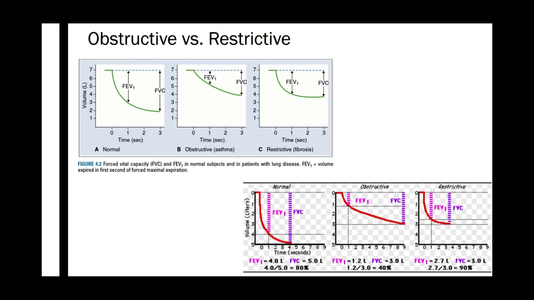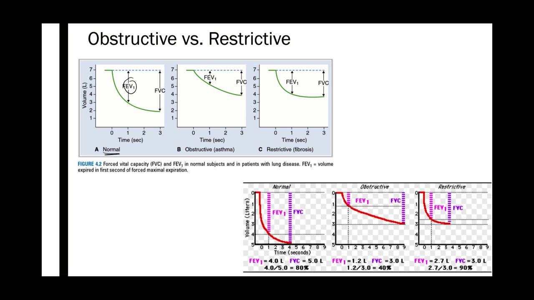Let's see here. This is further explanation of the ratio, the FEV1 over FVC. So let's take a look here at normal. So normally you can get most of your expiration out in 1 second, right?